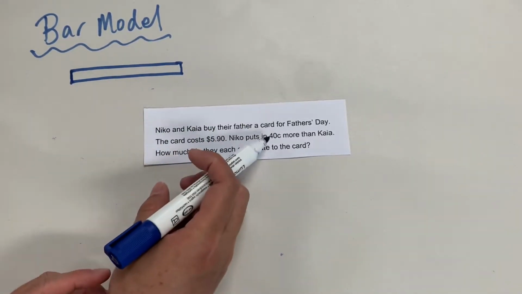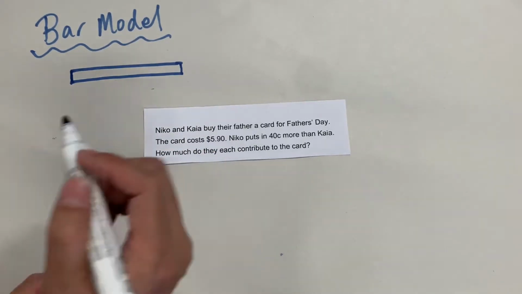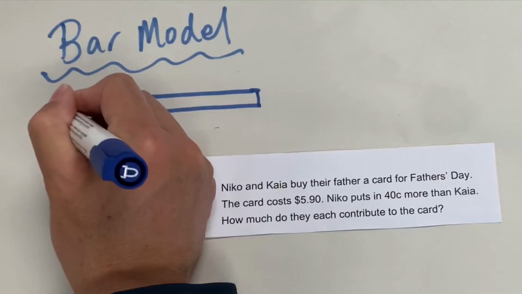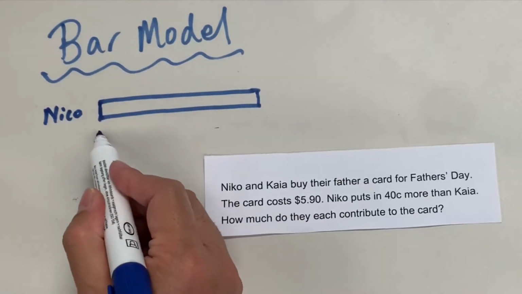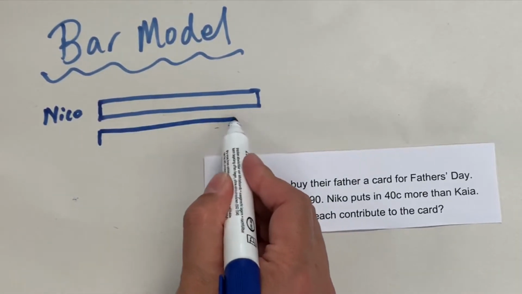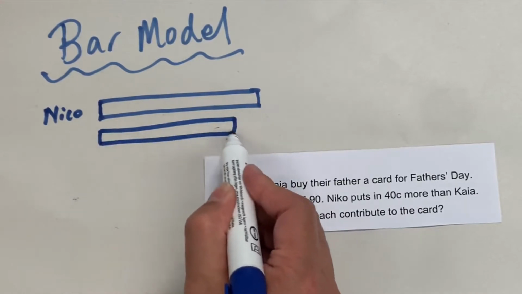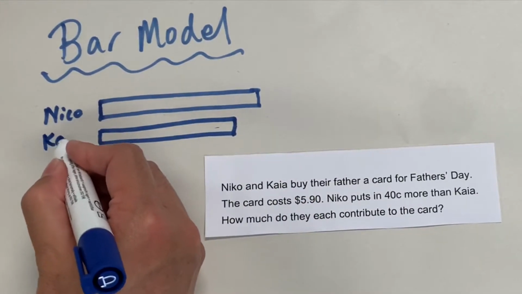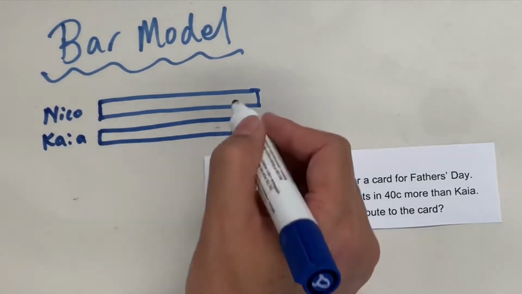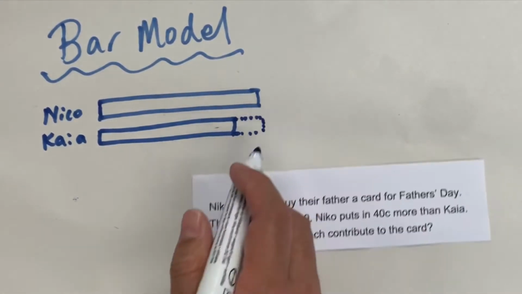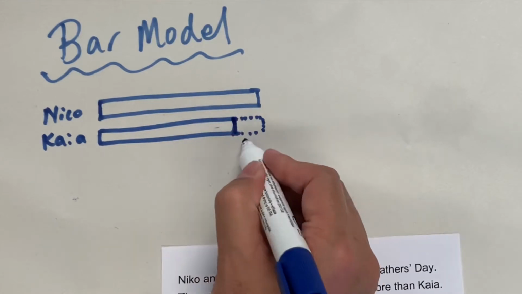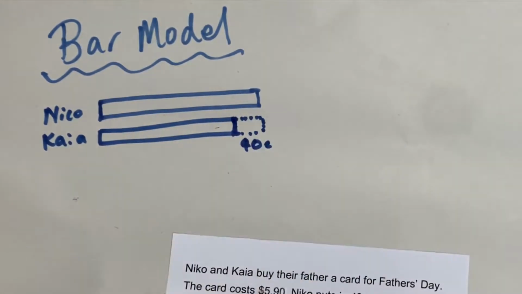Now Nico puts 40 cents more. So if this is Nico's spending, Nico puts more, so Kaya puts this much. And the difference is 40 cents.